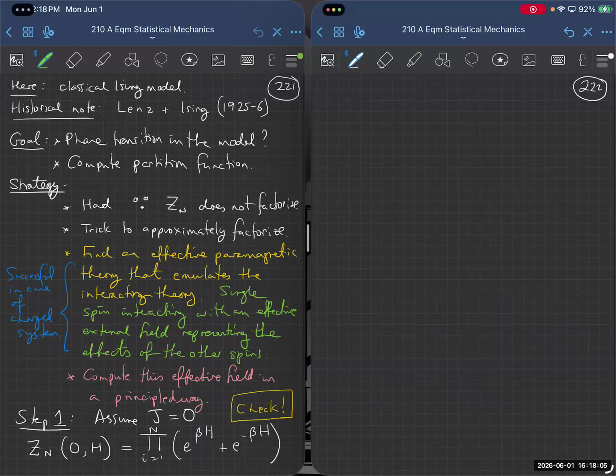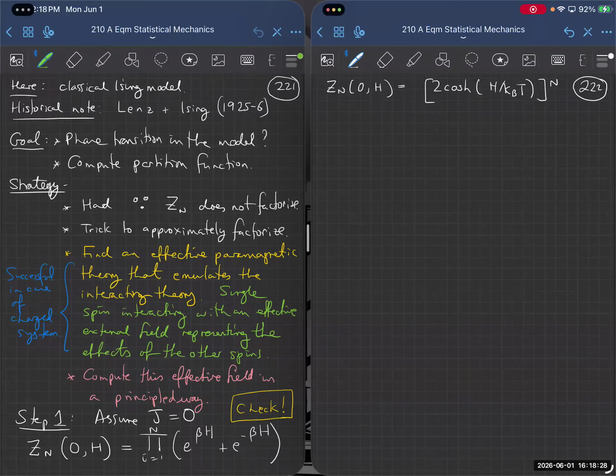So then what we get is Z_N of J equals 0, h non-zero, is 2 cosh(h/k_BT), and then the whole thing raised to the Nth power.